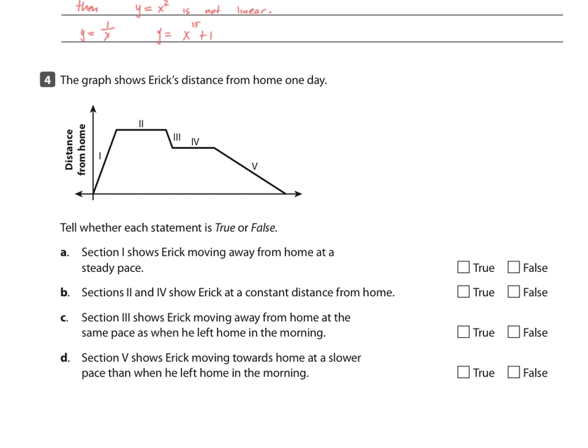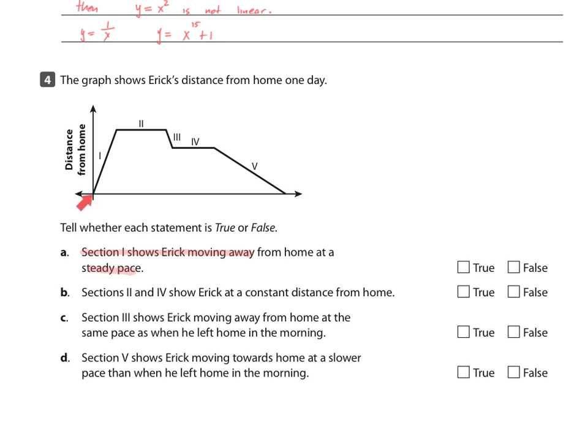Let's read each statement and determine whether it's true or false. The first says, section 1 shows Eric moving away from home at a steady pace. Now, this is section 1 in Roman numerals. So this is the distance from home.